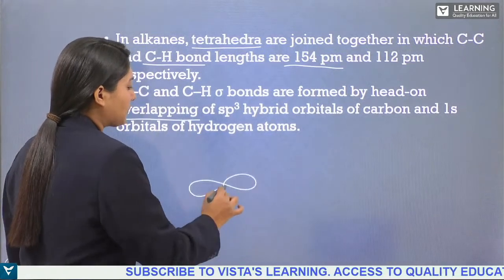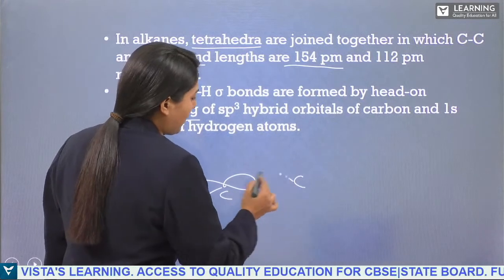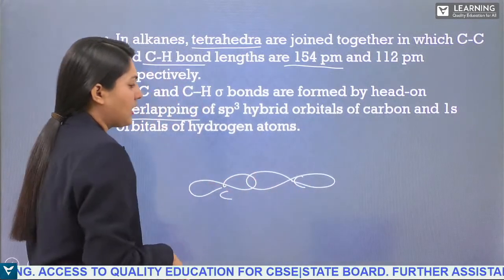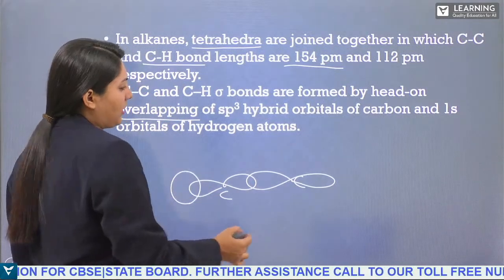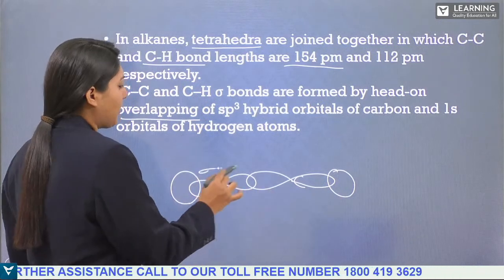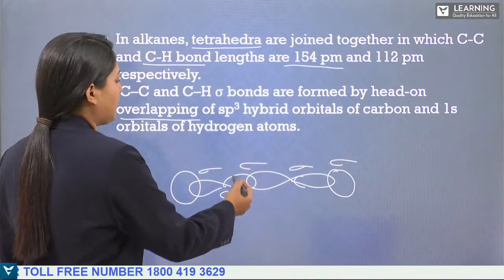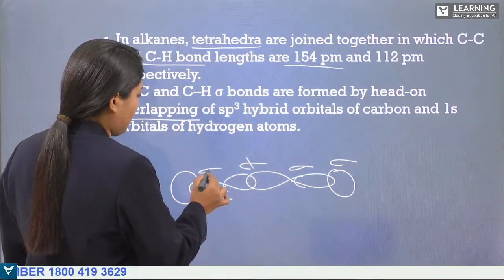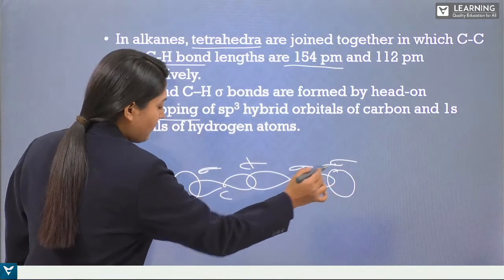If you have the carbon atom like this and the other carbon atom, the orbitals can be easily drawn like this and hydrogen will be bonding like this. So that is the head-on. So you will be having sigma bonds. Here sigma bond, here sigma bond.